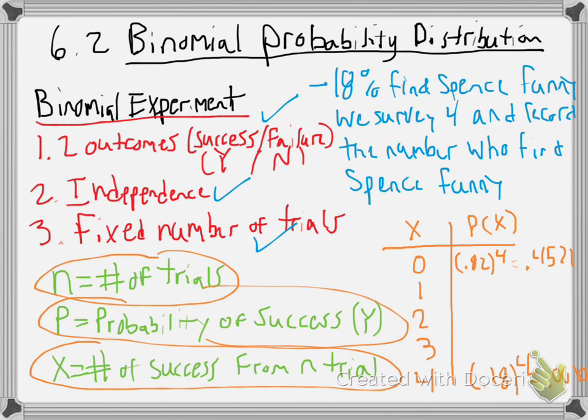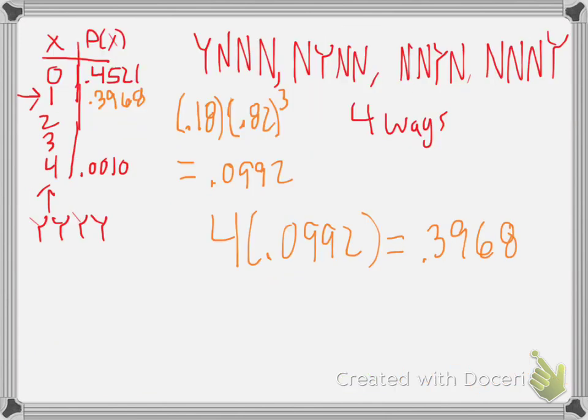For this problem that I just did for 1, how many trials are there for this experiment? Well, we asked 4 people, so n would be 4. What's the probability of success, or saying yes to this question? Well, it was 18%, so p would be 0.18. And in this case, we're asking for x equal to 1.